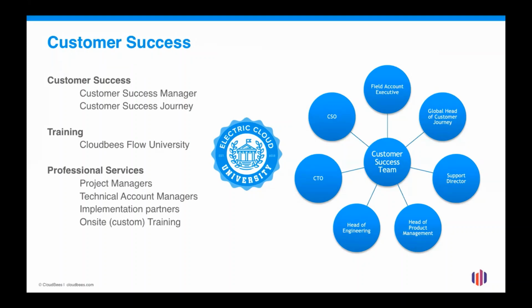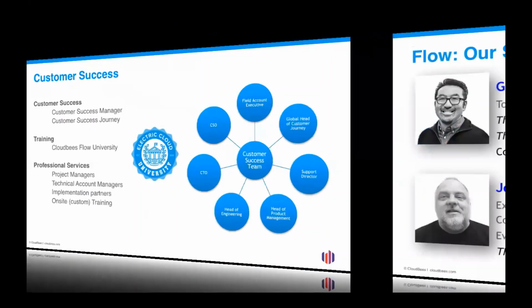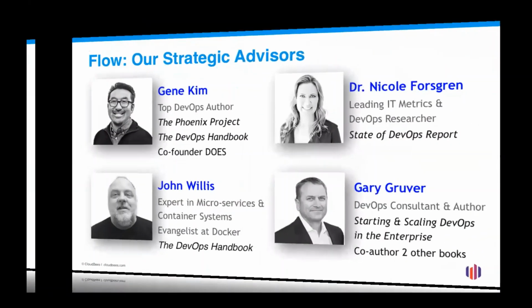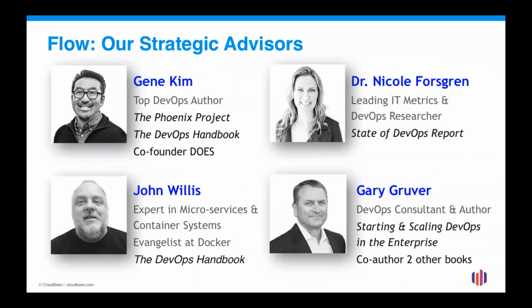And it's not only customer success, it's also working with the right people. These are the persons, some of them, who are our strategic advisors, with whom we are working to define the best practices I was talking about at the very beginning.